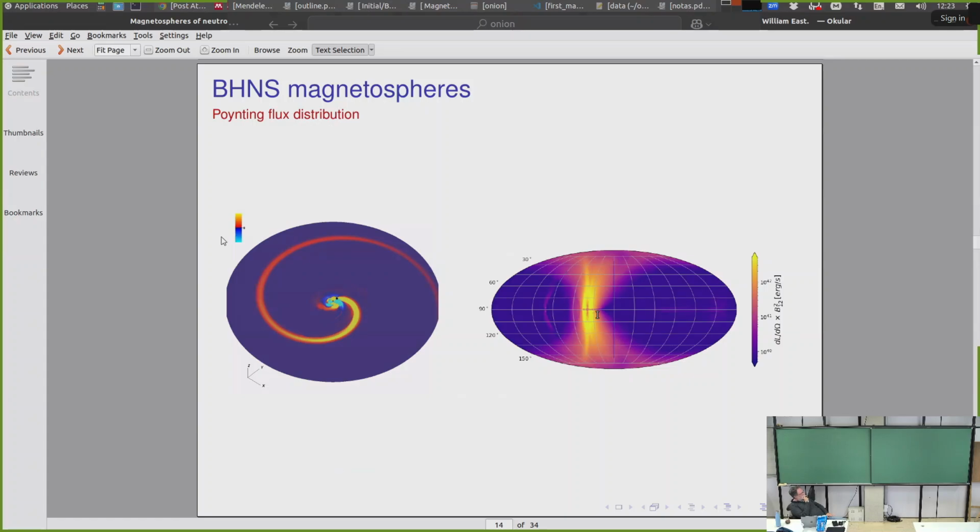You have this mechanical energy, in this case of the orbital motion, that we can extract through the conducting plasma surrounding these objects. So it's reconfigured in the magnetospheres, and it's eventually emitted away in the form of electromagnetic radiation.